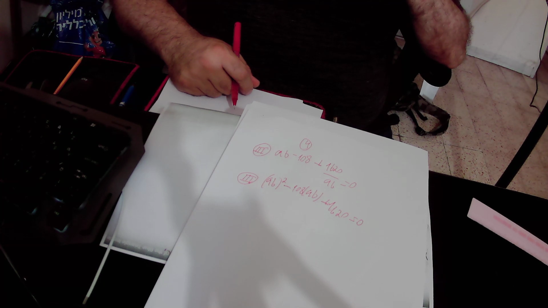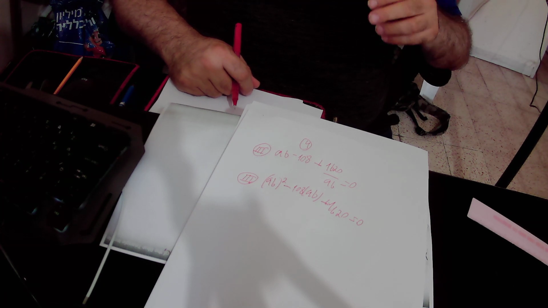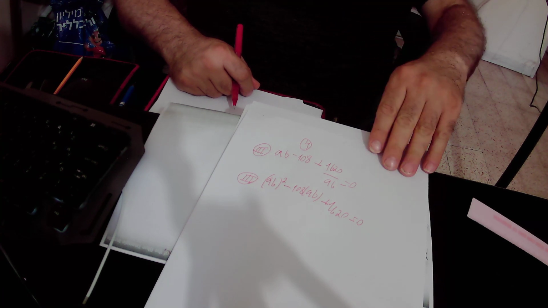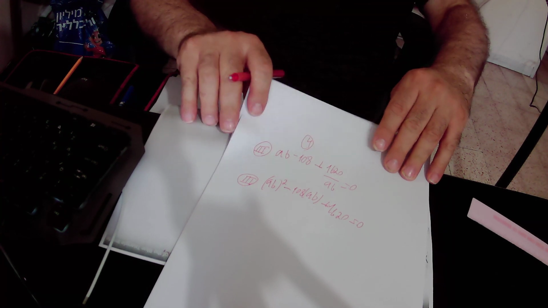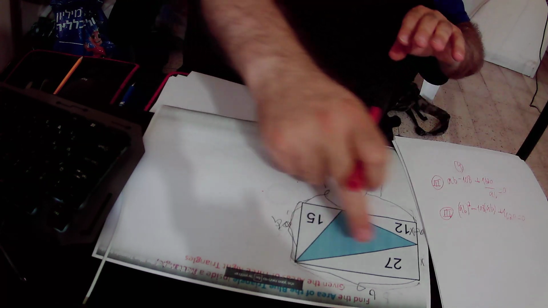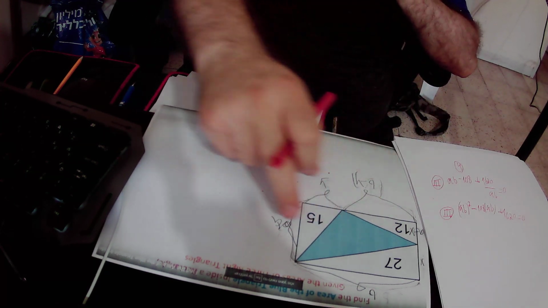Okay, as I've already told you, A times B is very important because A times B, as you can see, is the area of the rectangle.